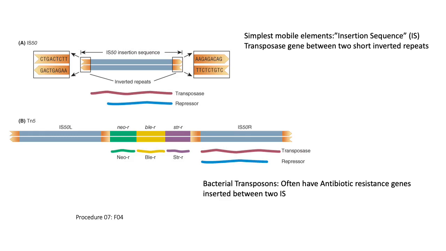And if it starts at the earlier methionine, it creates a full-length sequence of amino acids that forms transposase. But if it starts at a specifically later methionine, it creates a shorter version of the transposase that is called a repressor. And it's called a repressor because it represses the activity of the transposase.